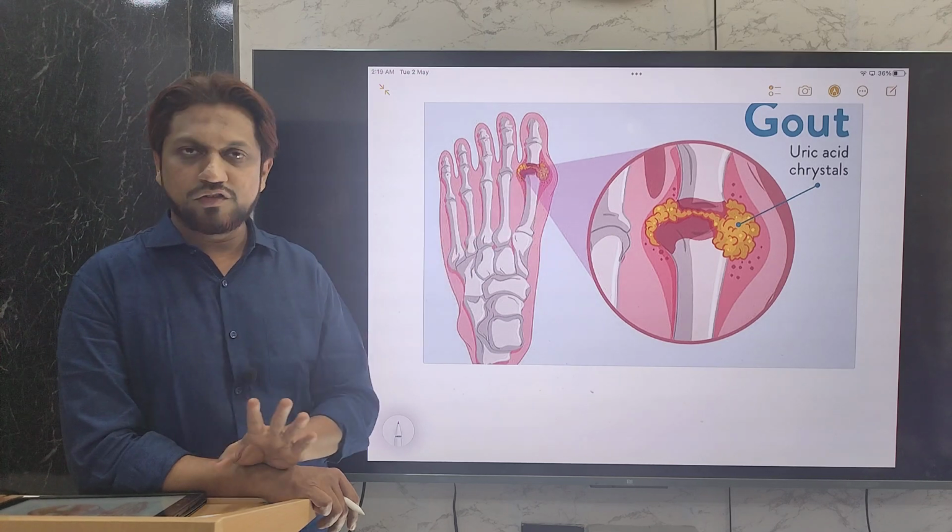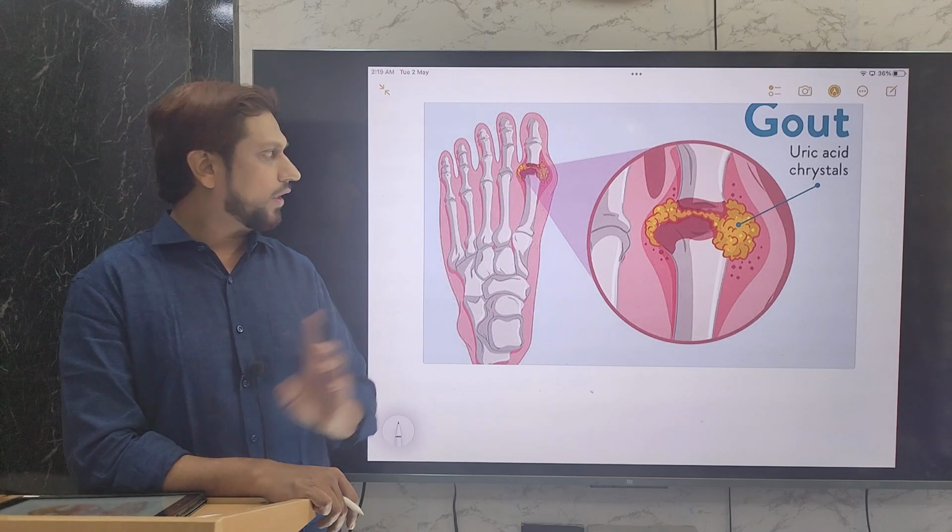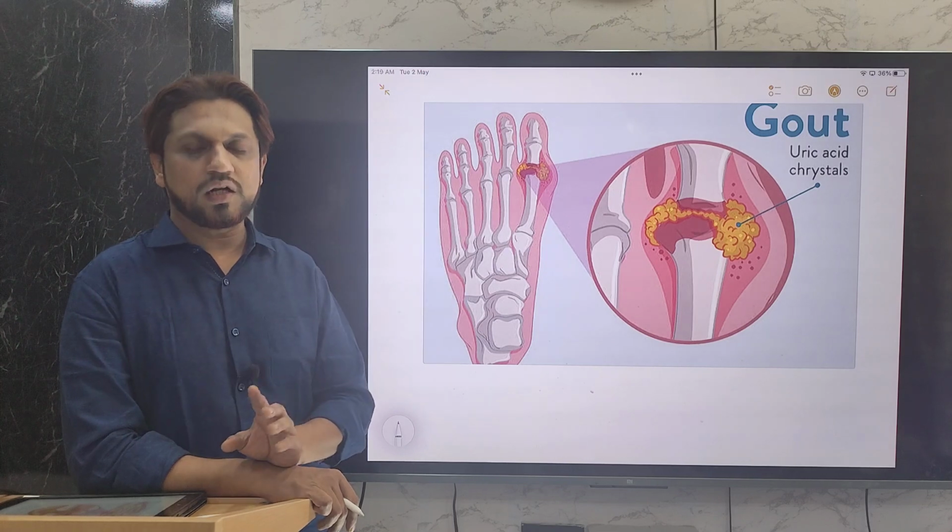The metatarsophalangeal joint of the big toe is usually affected.